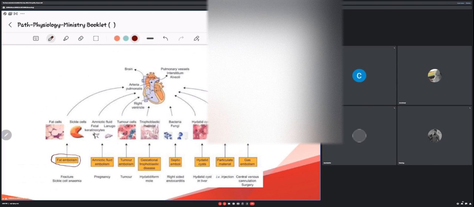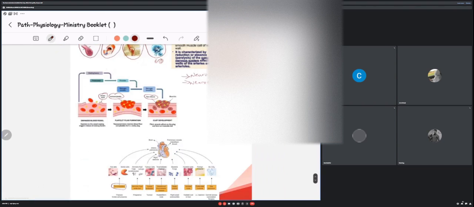Fat embolism is due to fracture, or even sickle cell anemia too. In terms of sickle cell anemia, I don't really know how it does that, but for the fracture, when the bone is fractured and it pierces, of course, there are many subcutaneous and fat tissues. When it ruptures, it can pierce blood vessels, and then you can have deposits of those fats coming in. That's when you refer to it as fat embolism.